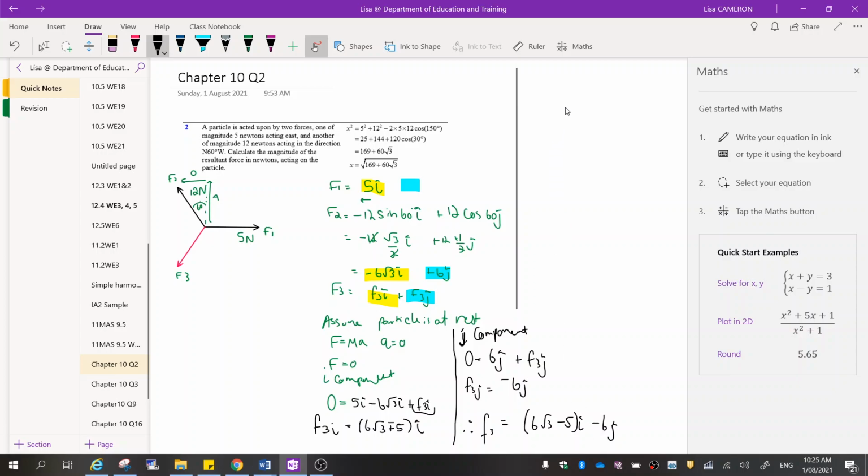Okay, so let's calculate the magnitude of F3. Now, this notation is important because it means that we are taking the absolute value. So the square root of negative 6 squared, and it's really taking the absolute here. We just don't normally write that because we're lazy. But you'll see in a second why that's important.